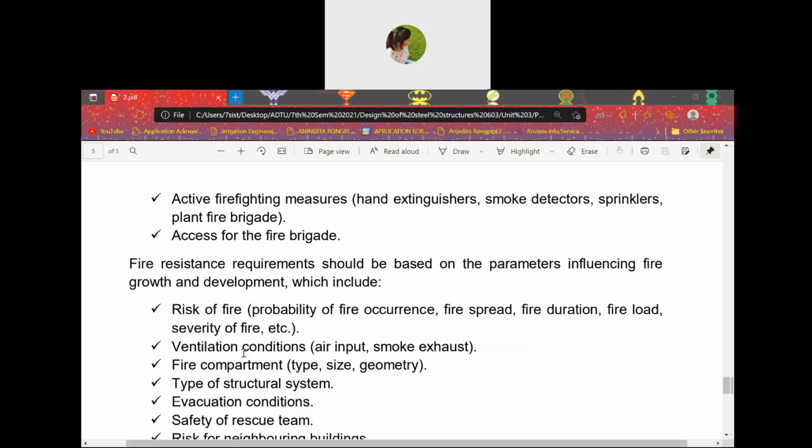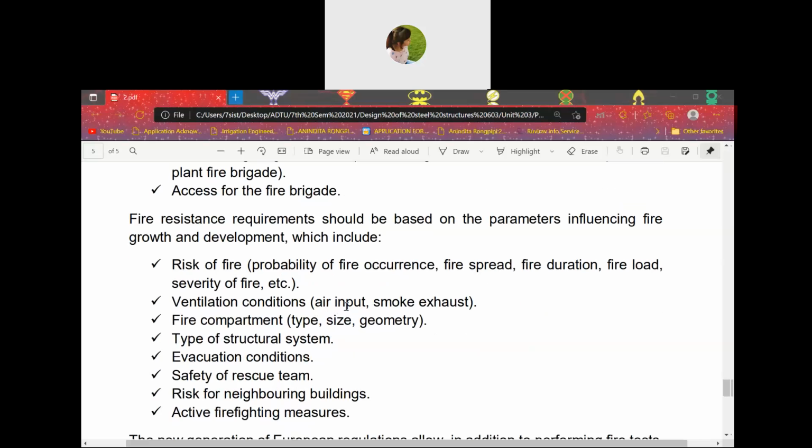Number two, ventilation conditions, which include air input and smoke exhaust. Number three is fire compartment, that is the type of fire compartment, the size of fire compartment, and the geometry of the fire compartment. Next, type of structural system, then evacuation conditions, safety of rescue team, risk for neighboring buildings, and active firefighting measures.